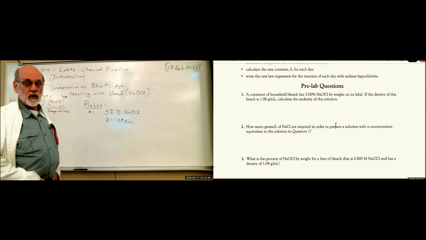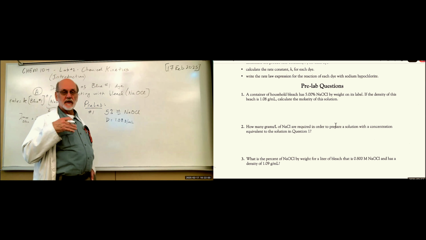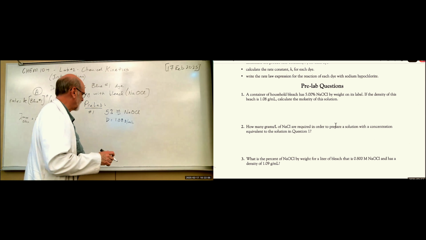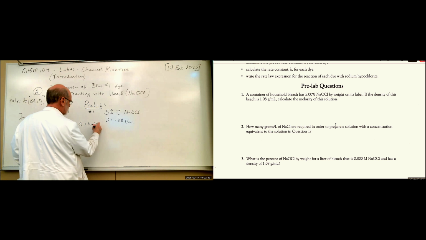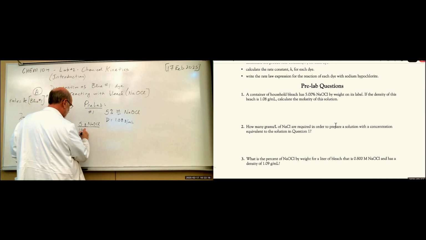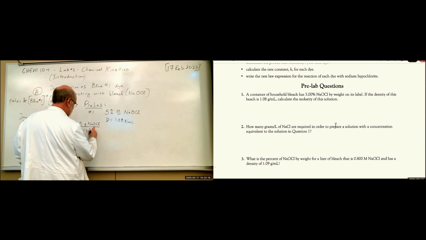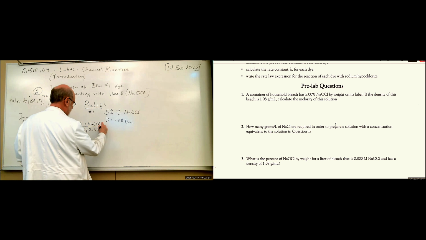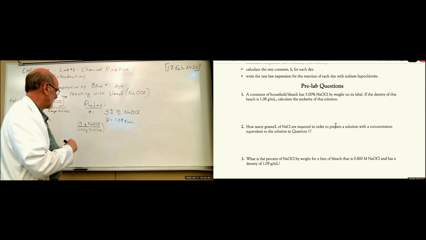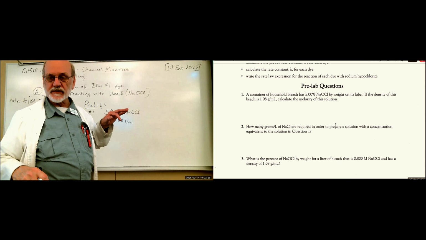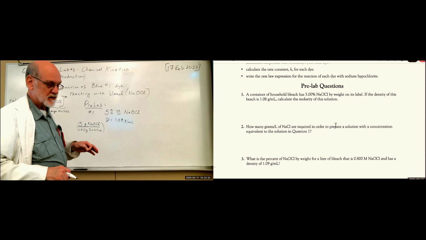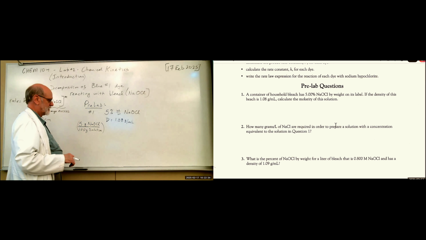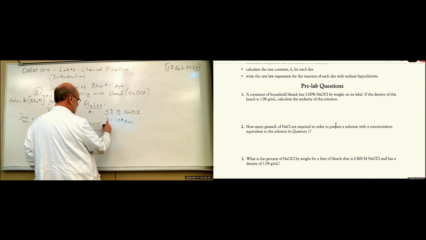We know we want molarity, so that is moles per liter. We know then also that we have 5 grams of sodium hypochlorite per 100 grams of solution. That's mass per mass. We need moles per liter or moles per volume. So that's where the density comes in.